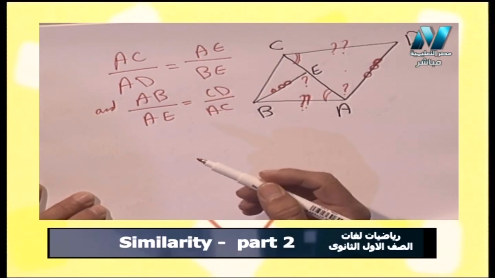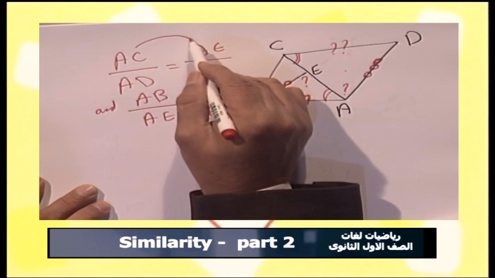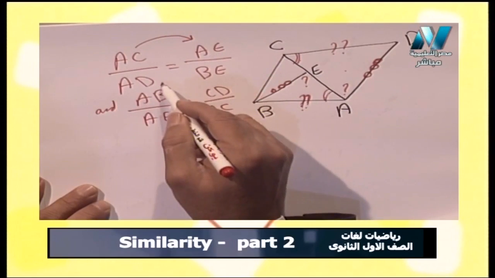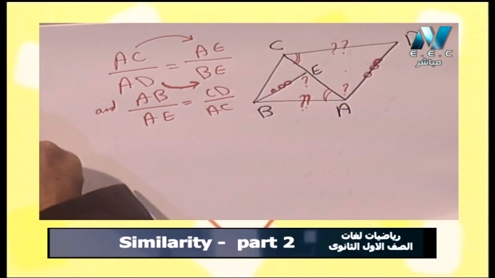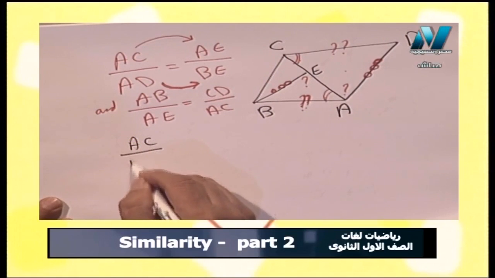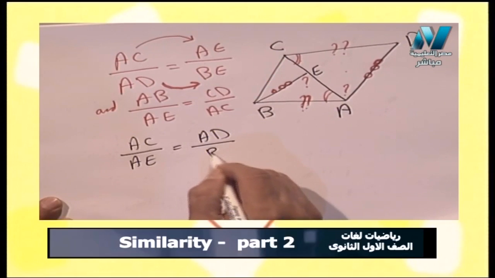But we have a property in the ratio we have studied in preparatory 3. We can put this ratio as AC over AE equals AD over BE. If we put them like that, AC over AE here equals AD over BE.